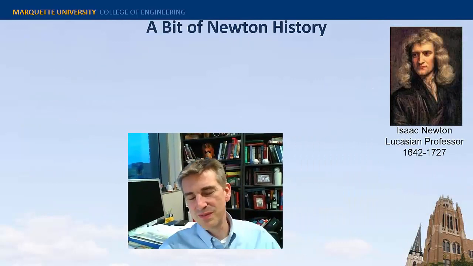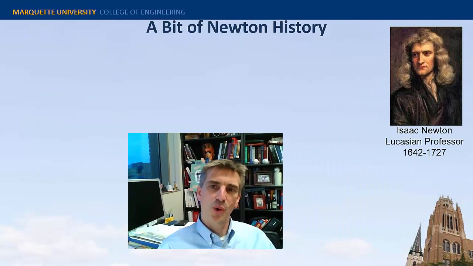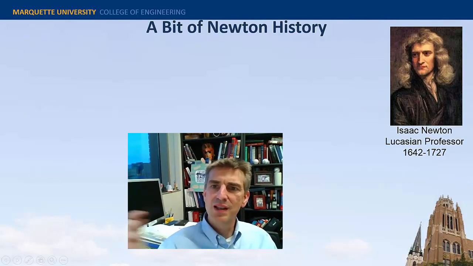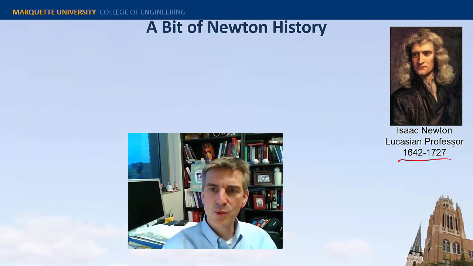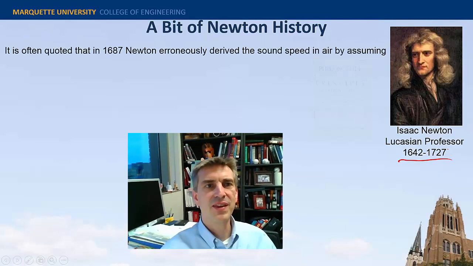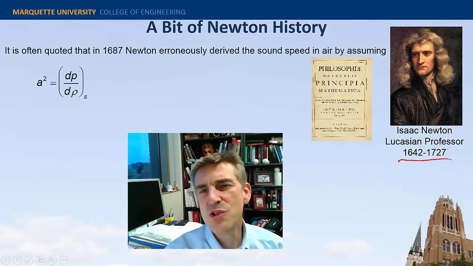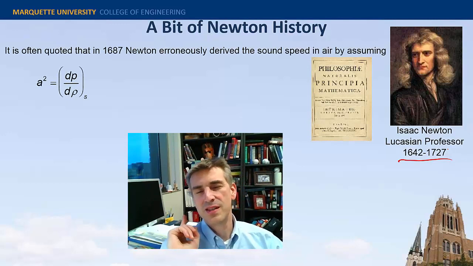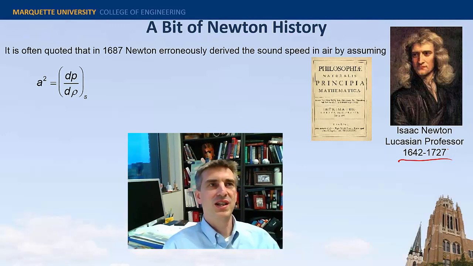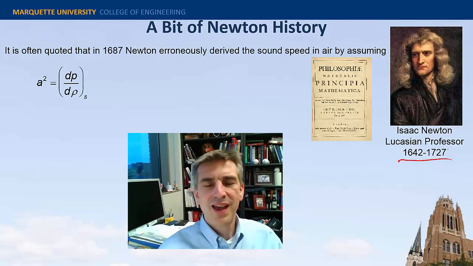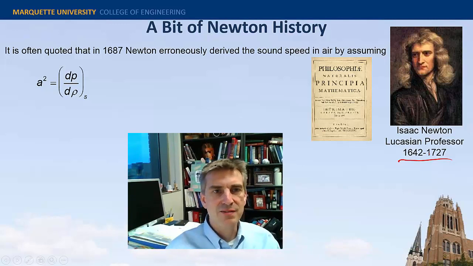Now, let's have a little bit of a history, a little bit of a story here. Here's Newton. Newton lived in this time frame, 1642 to 1727. And it's often quoted that Newton, back when I asked that espresso shot question, I said, did you think it was isothermal or adiabatic? And so the story goes that Newton assumed that it was isothermal and went down the path of isothermal.